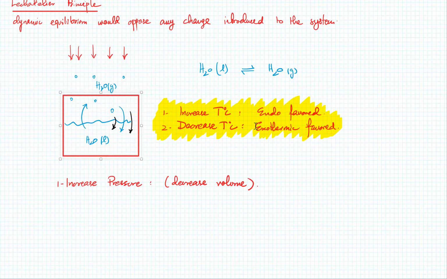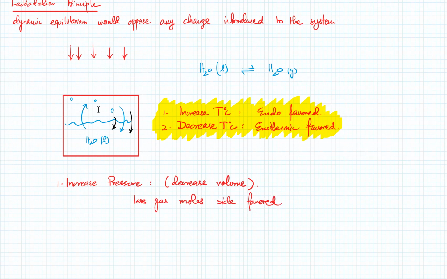So when I increase pressure, the volume all of a sudden decreases, so less gas is going to be produced. Whenever you increase pressure, the volume starts to decrease. There's less room for gas, so naturally less water vapor is going to be formed.